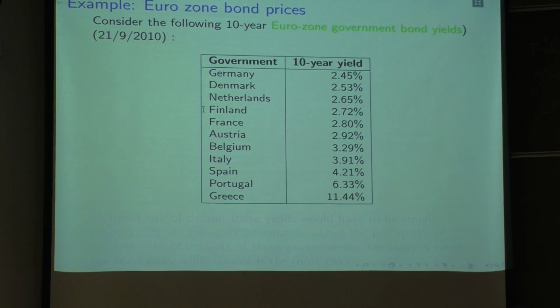And the fact that we see these huge differences, so the factors of 5 or something like that. When you lend money in 2010 to Germany, you would expect an interest rate of almost 2.5%. If Greece came to you and said, I want to borrow some money from you, then you said, I'm not going to charge you 2.5%, I'm going to charge you 11.5%.